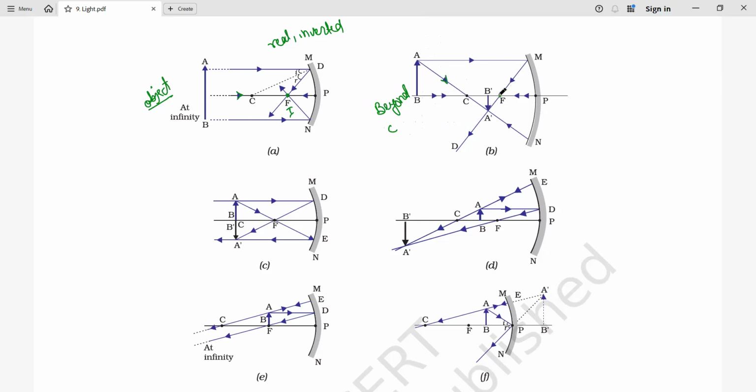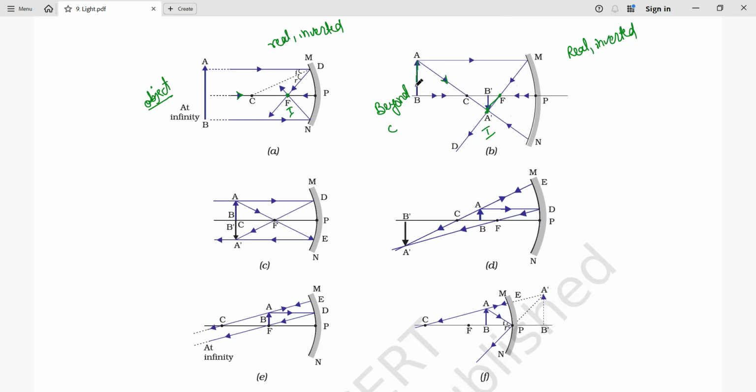Finally, these two rays meet here at point A dash, so the image is formed here. It is below the principal axis, so it is inverted, and due to real meeting it is real and inverted. The size is diminished, smaller than the object size.